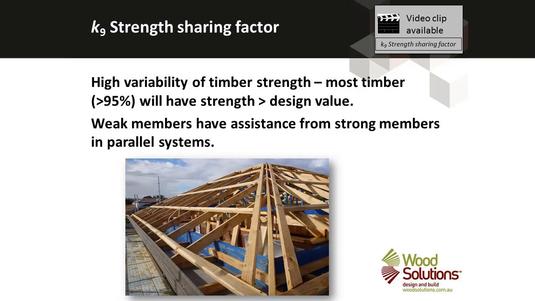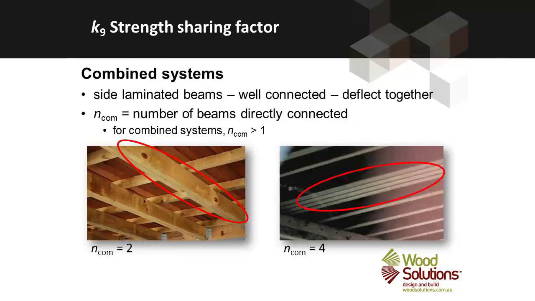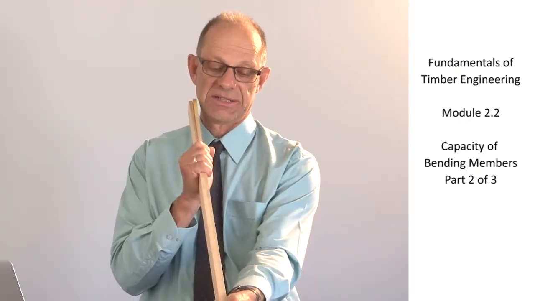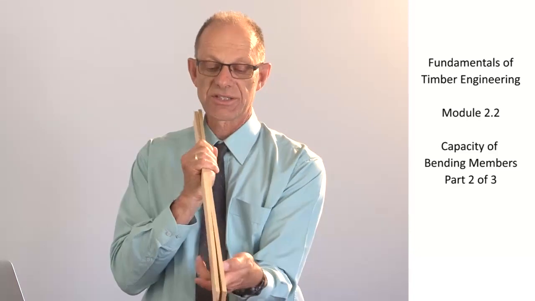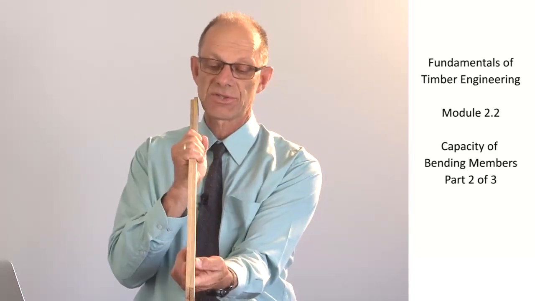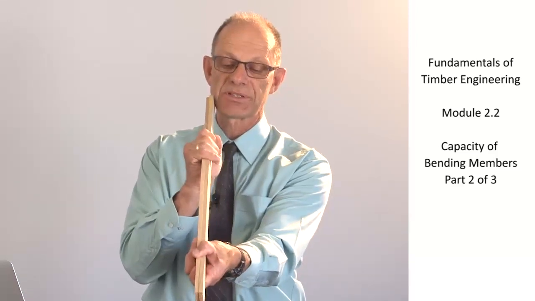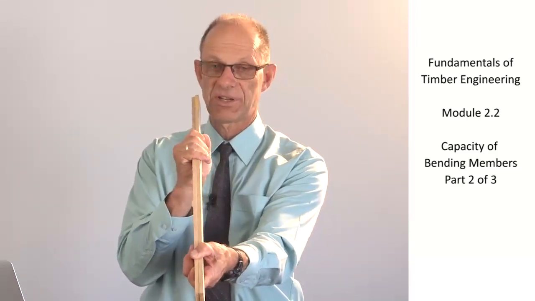Often when we're using bending members, we've got bridging members over the top that can enable some load sharing. In some cases, we will fabricate a member, and in these 2 pictures you can see some members where we have taken 2 individual members and join them intimately together like this. So in most cases we nail them together, in some cases you might bolt them or screw them together. But nonetheless the 2 pieces of timber are effectively behaving as one.